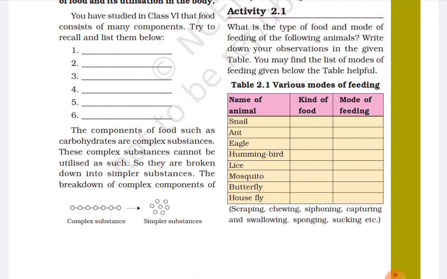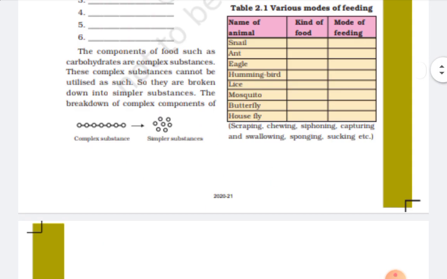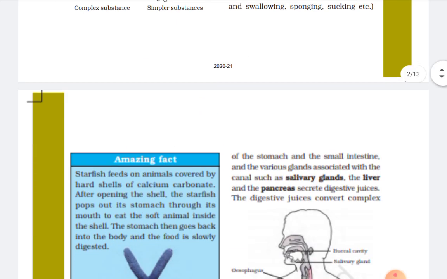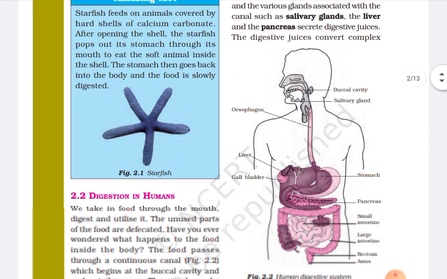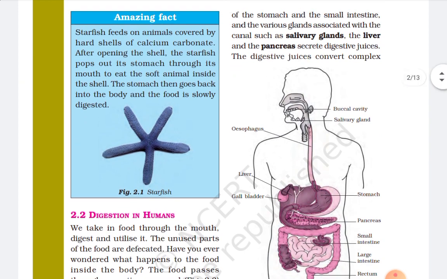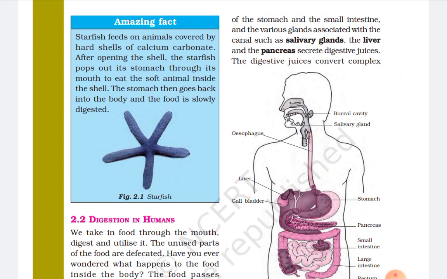Hummingbird sucking, and butterfly also, I think, sucks. Scraping, chewing, capturing, I think so for eagle. And please comment down others so that everybody could read it.